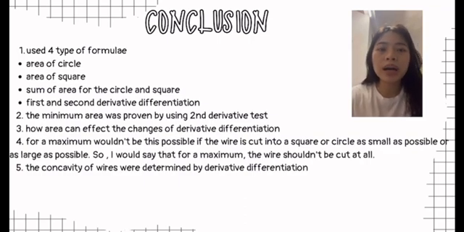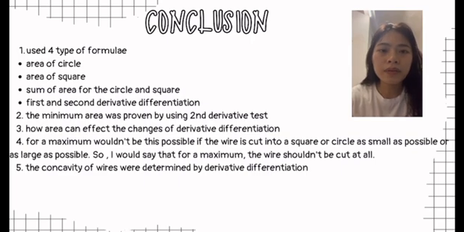To sum up, we have used four types of formula: the area of a circle, the area of a square, the sum of the area of the circle and square, and the technique of first and second derivatives. Next, the minimum area was proven by using the second derivative, and how an area can affect the change of the derivative.